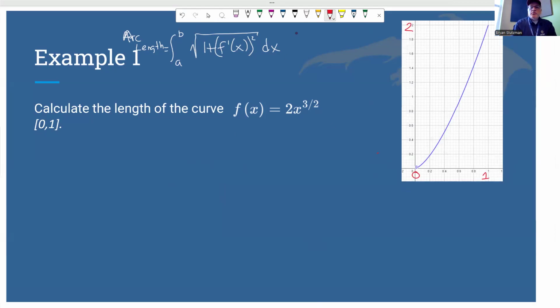So what is f prime of x? Well, from the power rule, bring the 3/2 out front. So it's 2 times 3/2, reduce the exponent by 1, which gives me 1/2, or 3 times the square root of x.